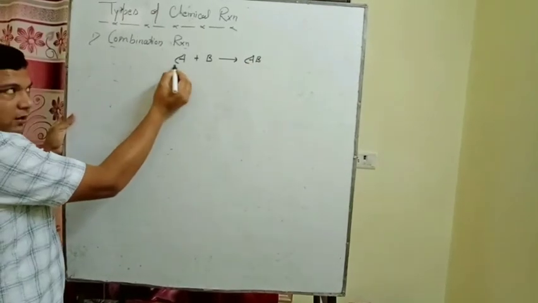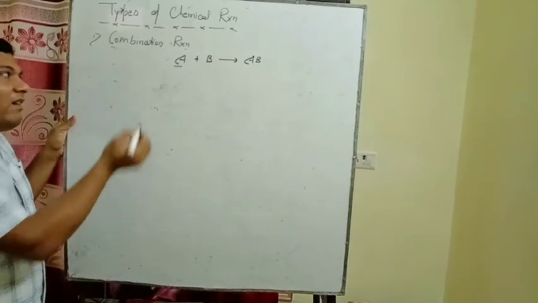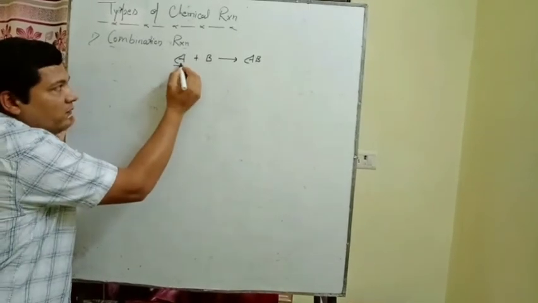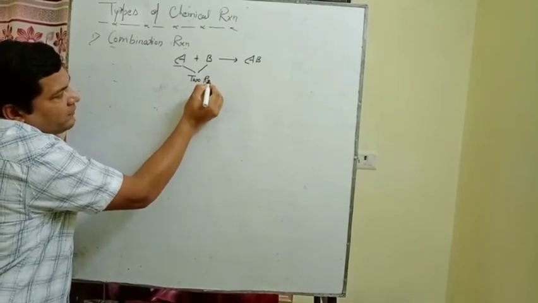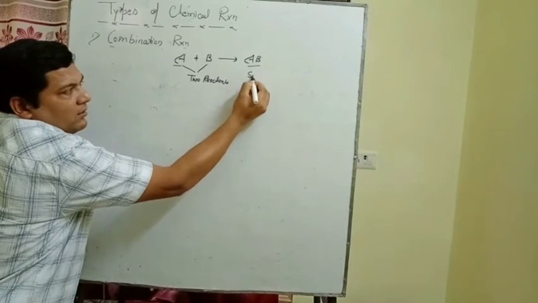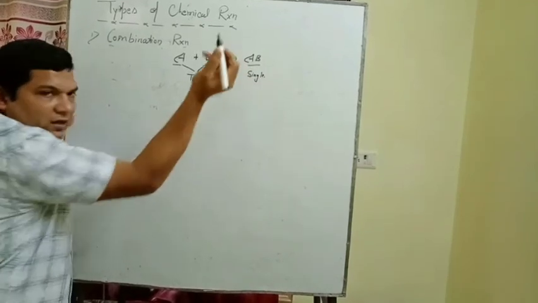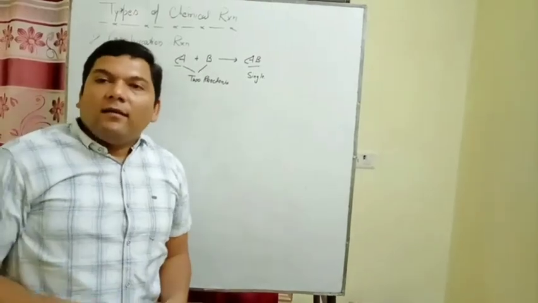Here we have two substances. In case of chemical reactions, we call them reactants. So we have two reactants. These two reactants are combining to give a single product. And this single product, as it is a chemical reaction, will have different properties from that of the reactants.